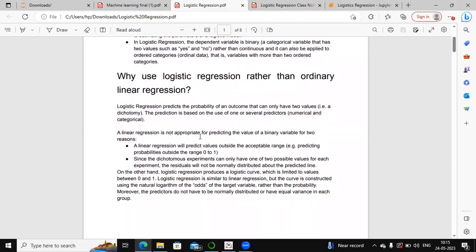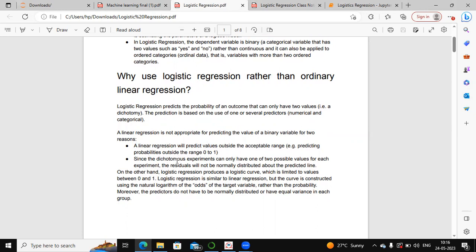A linear regression is not appropriate for predicting the value of a binary variable for two reasons. Let's see the reasons for not applying linear regression for predicting binary values. A linear regression will predict values outside the acceptable range, that is, prediction probabilities outside the range 0 to 1.